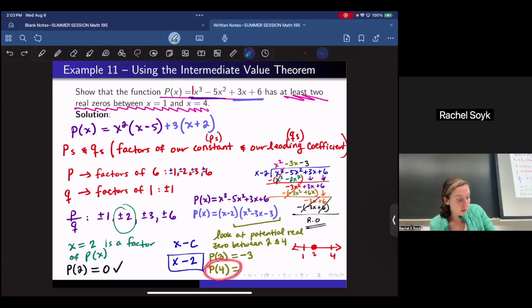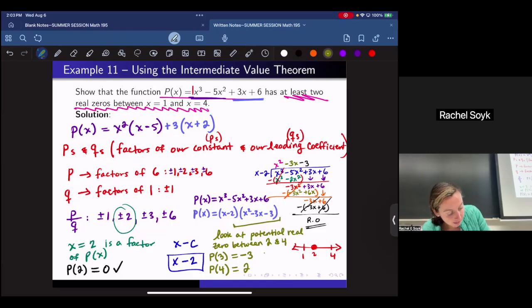So now 4 minus 2 gives you 2. 4 squared is 16, minus 3 times 4, which is 12. So 16 minus 12 is 4. And then we have 4 minus 3, which is 1. What's 2 times 1? Is it positive or negative? Ooh.